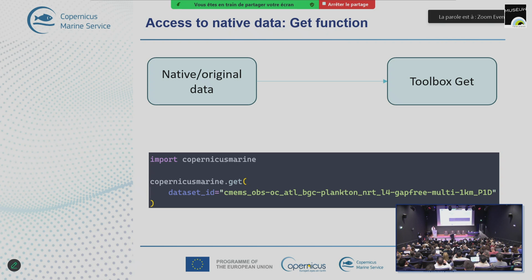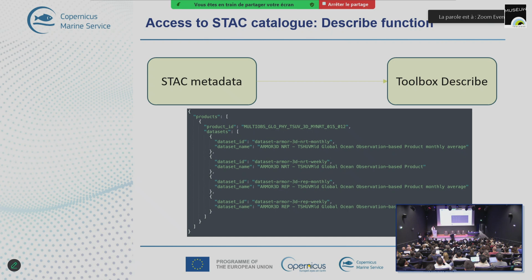So different options. And then finally, we have the describe. The describe is basically the way the toolbox will parse the metadata, all the STAC metadata of all the Copernicus Marine catalog. So this is a way to organize the metadata, and this is what the toolbox in the backend will use to actually make decisions on the subset and things like this.